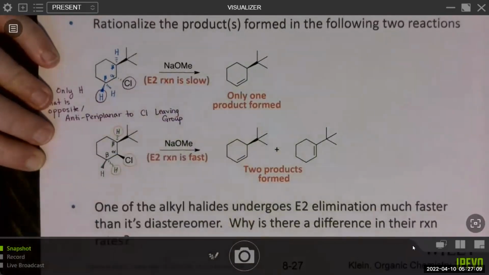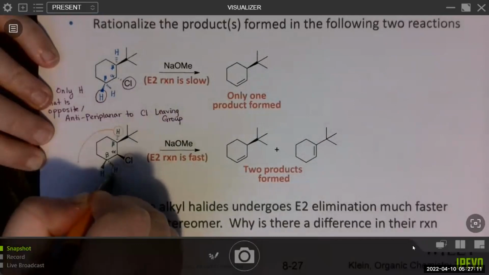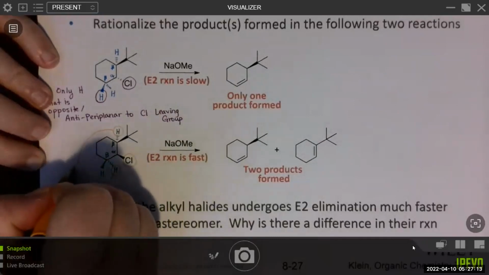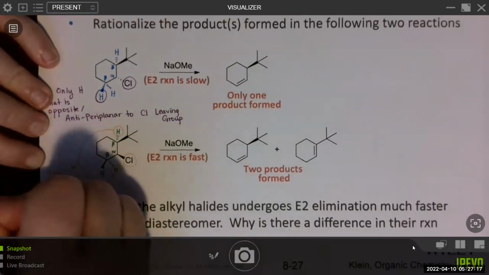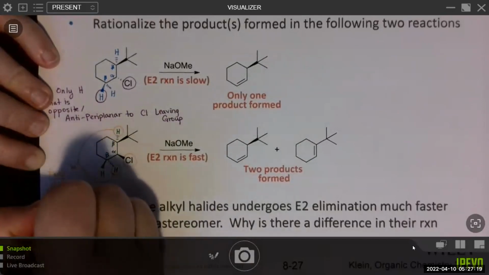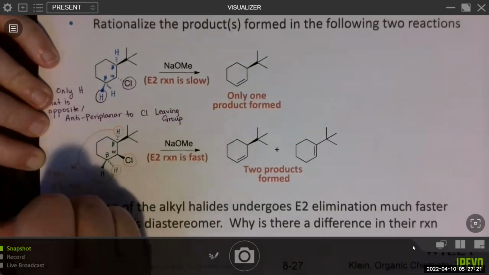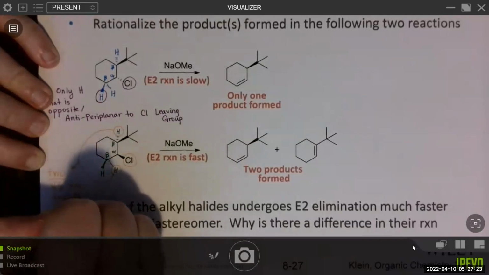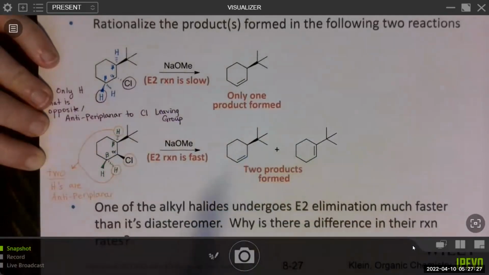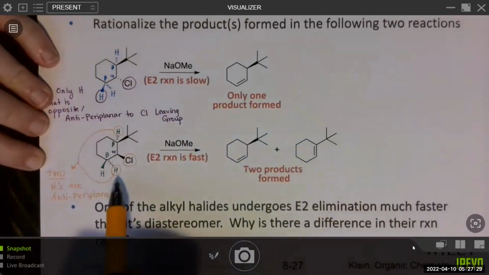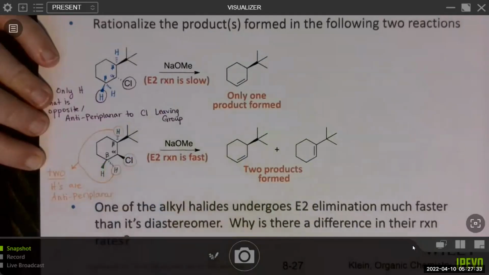So now there's two, both of these two. Two hydrogens are anti-periplanar, which is why there are two products formed. One is formed from the removal of this hydrogen, and the other is formed from the removal of this hydrogen at that carbon.